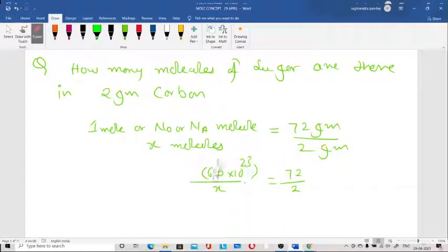So this is how we can solve it. That is very easy. 12 sixes are 72, so that will be 6. So that will be 1 by 6 into 10 to the power 23 molecules of sugar.